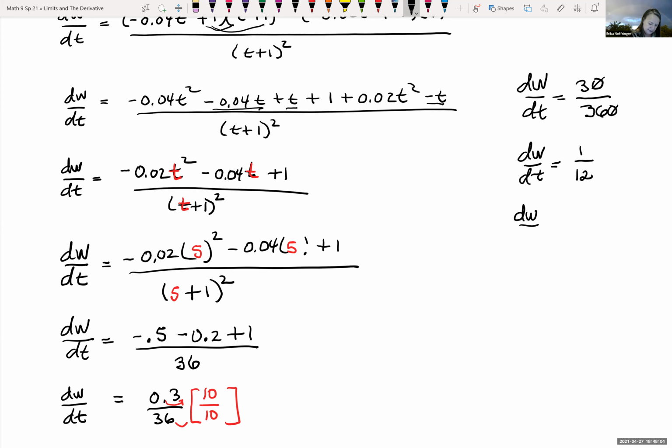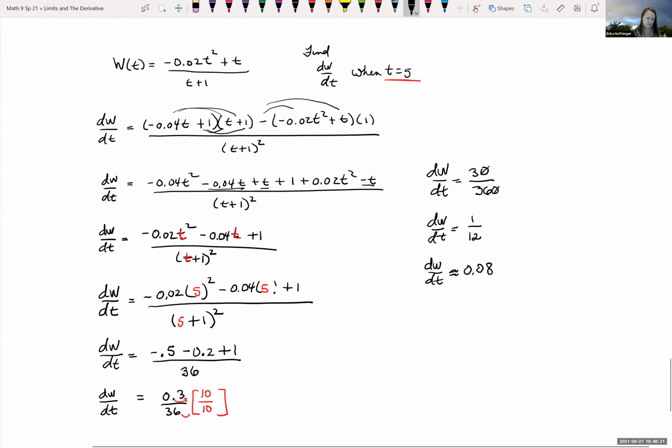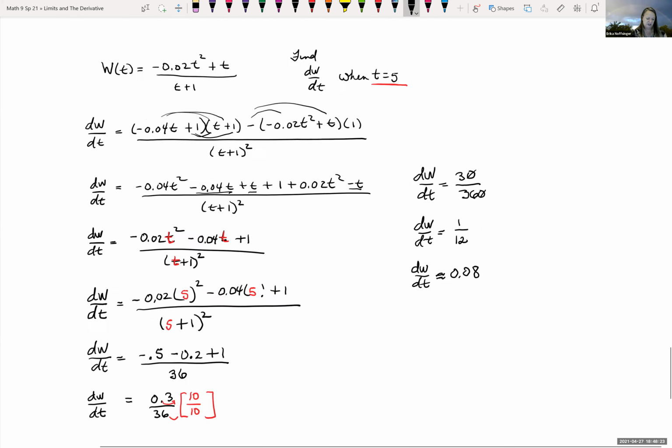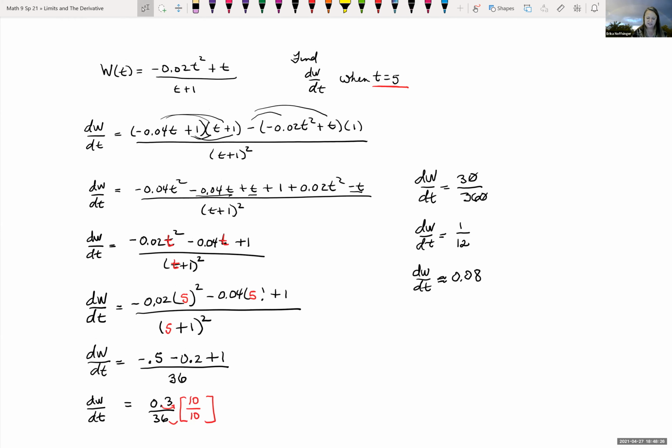I get dW/dT, I need to make sure I did everything right, is about 0.08. So the rate of change in the number of words memorized when T is 5 minutes is approximately 0.08.